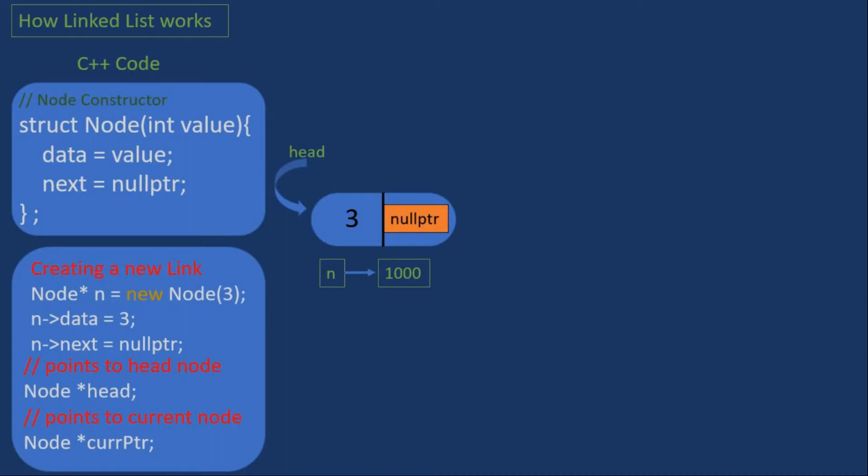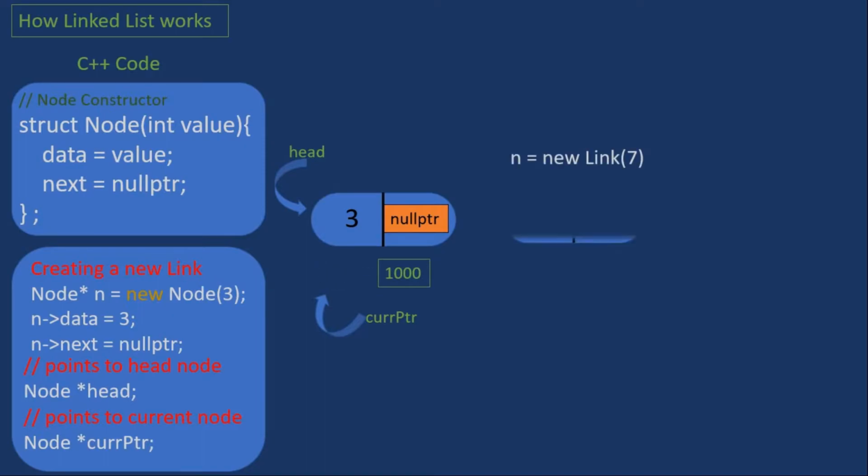So we also have a current pointer, which we'll call currptr. We will use this to keep track of the nodes in the linked list. And so we point the current pointer to our node, meaning that the current pointer is also pointing to the location 1000.